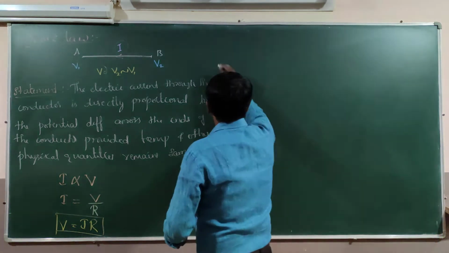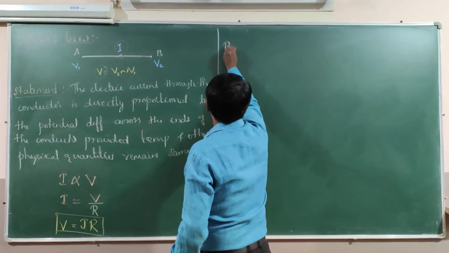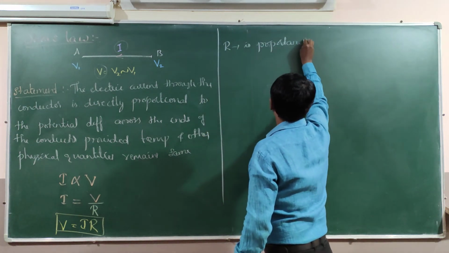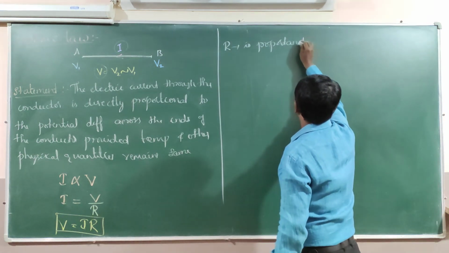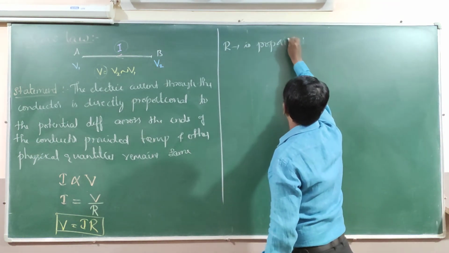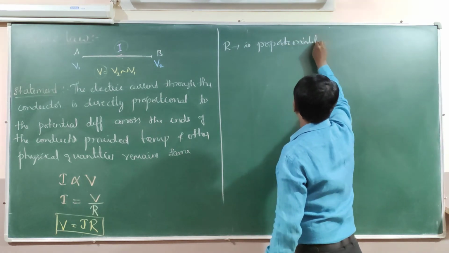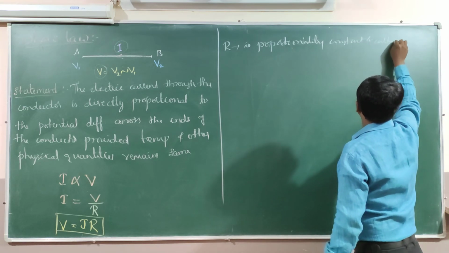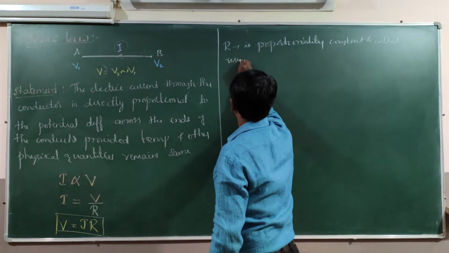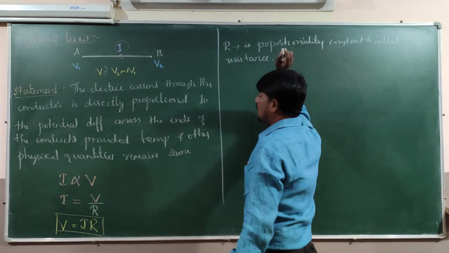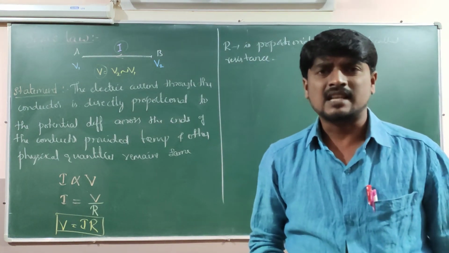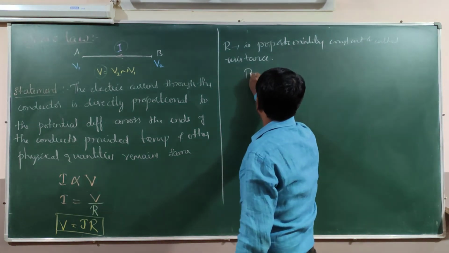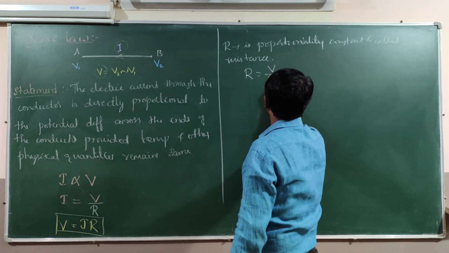Where R is the proportionality constant, called resistance. Then if I rewrite this equation, I will get R is equal to V by I.